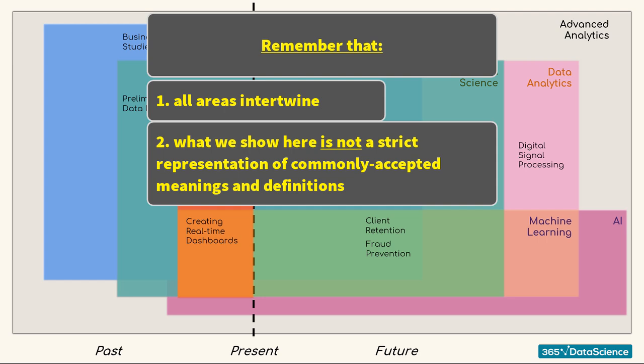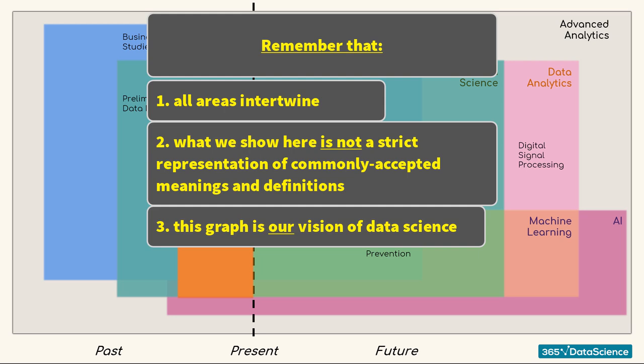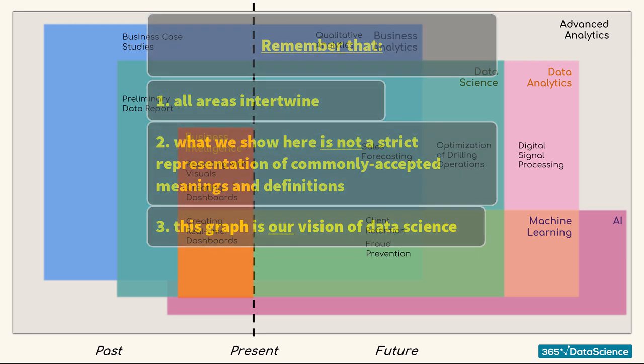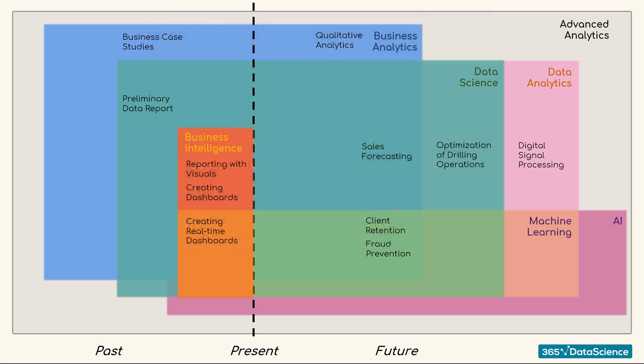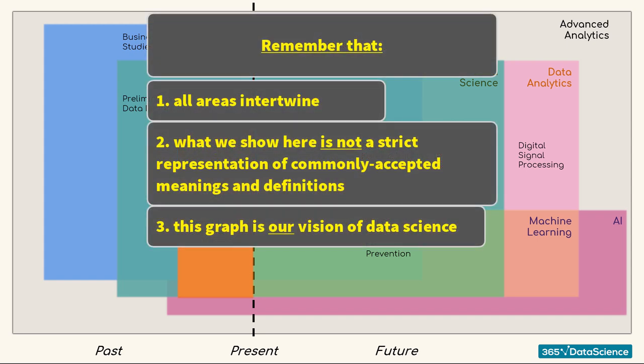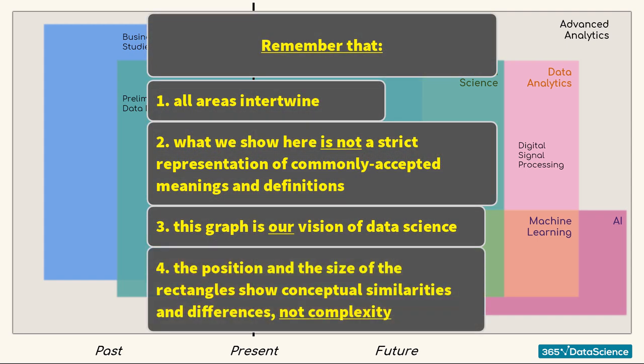It is all a matter of interpretation, and this graph is our vision of data science. The locations of some of the components in the diagram are somewhat controversial. However, we believe this is a very comprehensive depiction of what these disciplines are about and how they overlap. Before we wrap up, the position and the size of the rectangles show conceptual similarities and differences, not complexity.